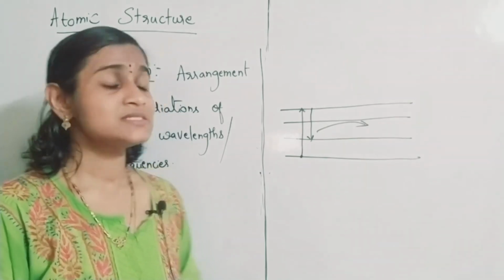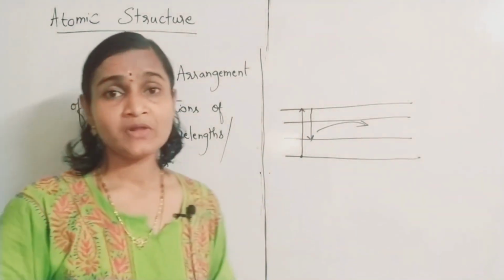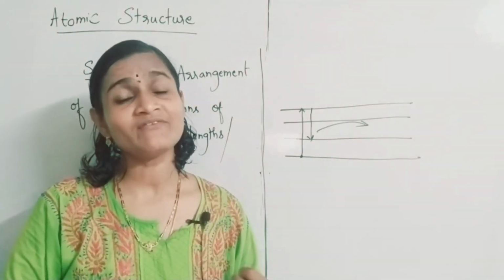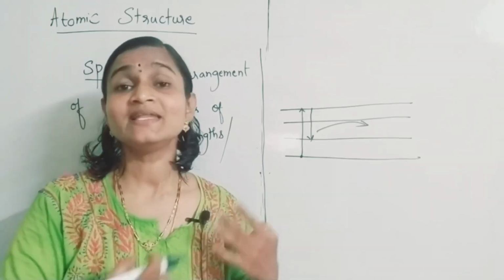Suppose an electron jumps from a lower energy level to a higher energy level, then energy is absorbed. If it comes back from a higher energy level to a lower energy level, then energy will be released.